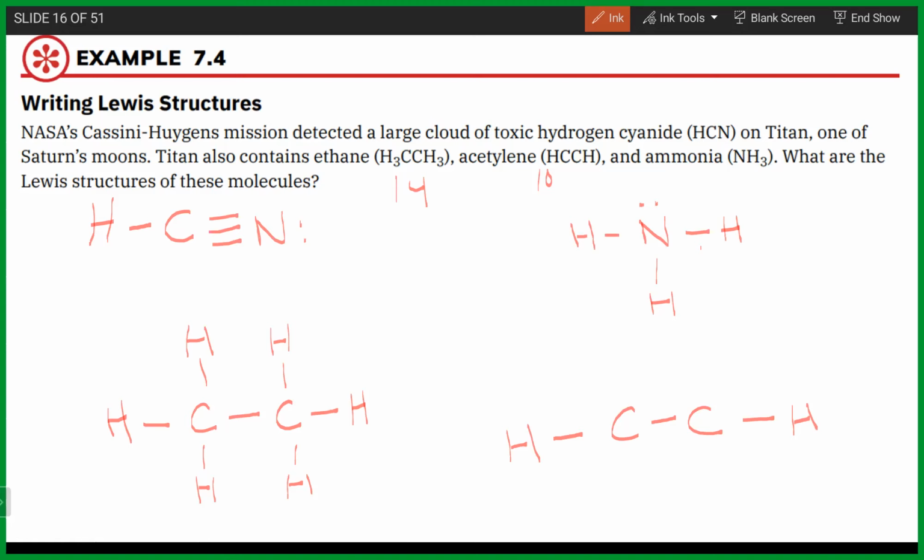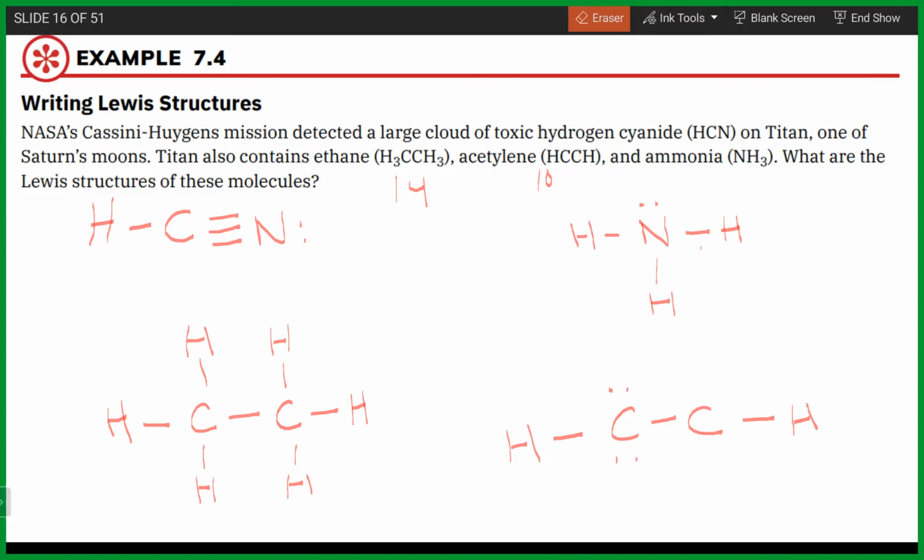So one thing we could do is put 2 sets of lone pairs on one of those carbons. And now that carbon has 8 electrons around it. We've used the correct number of electrons total. But the carbon to the right of it now is still electron deficient. It's still missing 4 electrons.